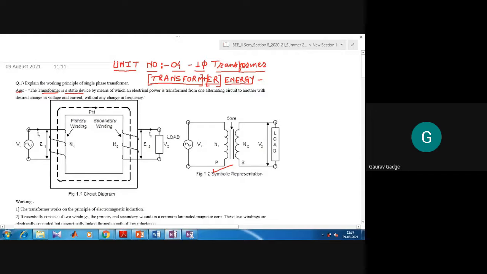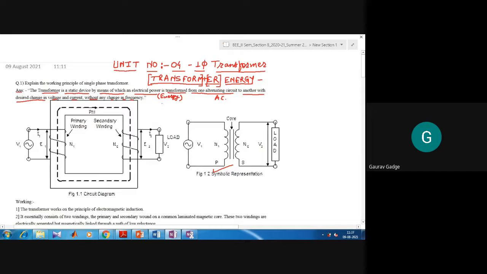Transformer is a static device by means of which electrical power, that is energy, is transformed from one alternating circuit, alternating circuit means AC, to another with desired change in voltage and current, without any change in frequency.